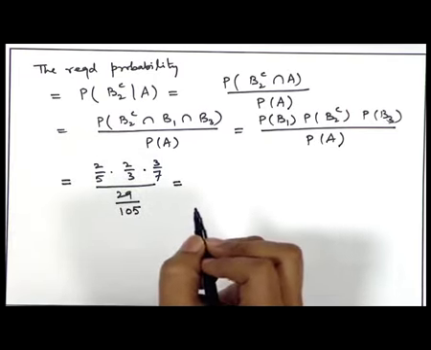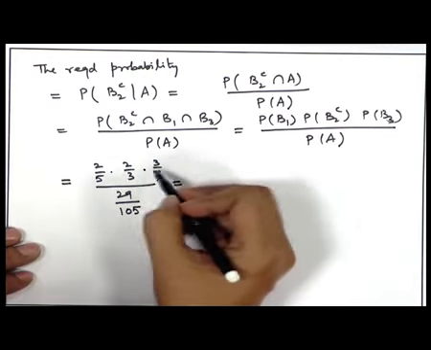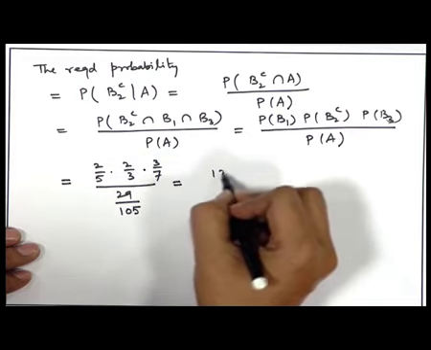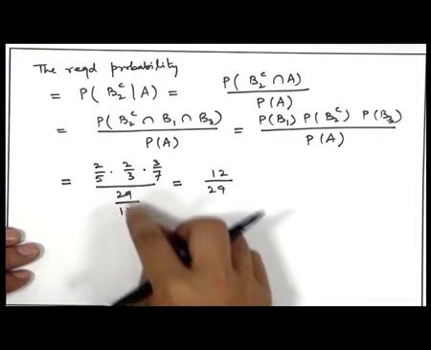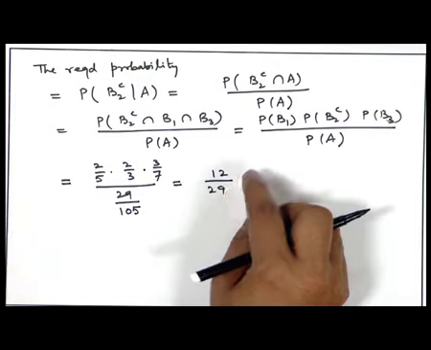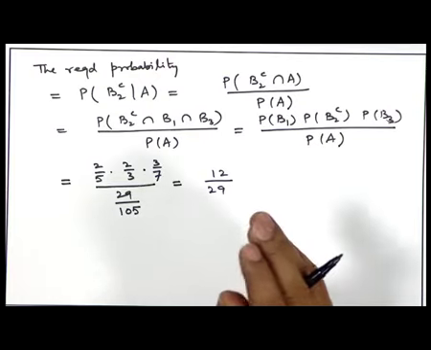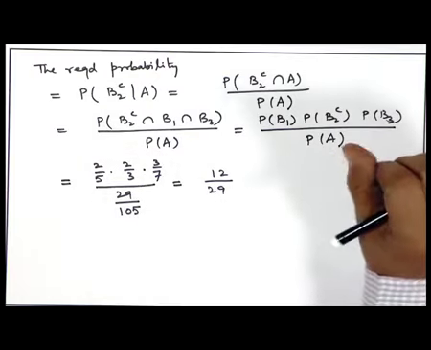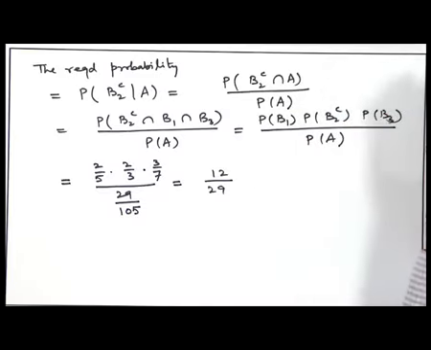So, this value turns out to be equal to 12 divided by 29, because the 105 and 105 will get cancelled out and here we will get 12 by 29. So, the conditional probability of the event that the shooter S2 missed the target, given that exactly two shooters hit the target, is equal to 12 by 29.